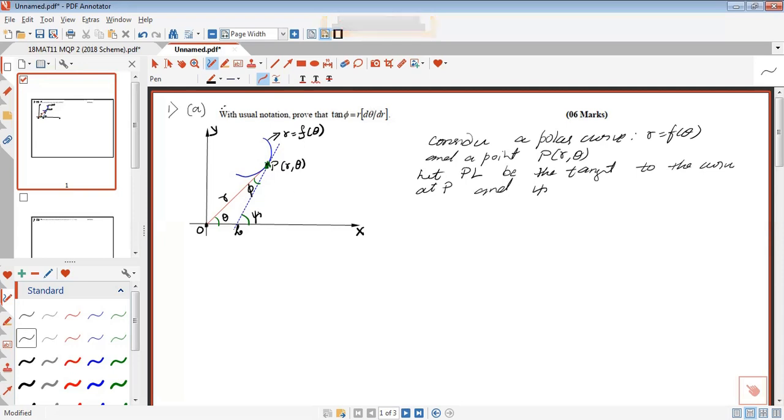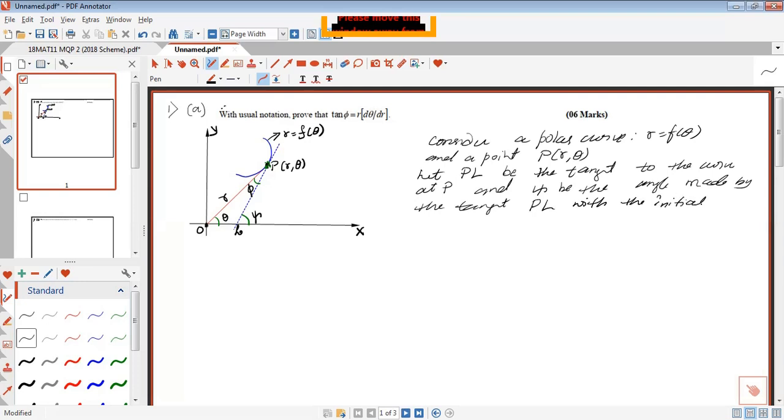Let xi be the angle made by the tangent PL with the initial line, that is OX.